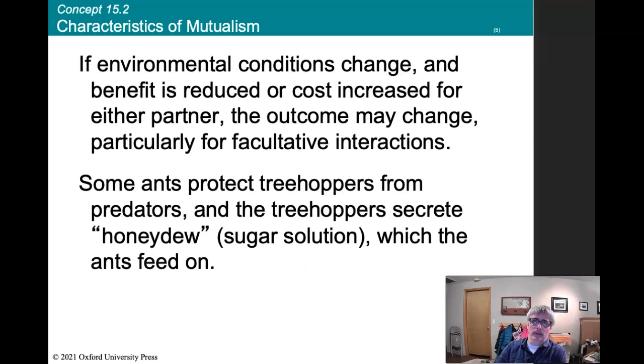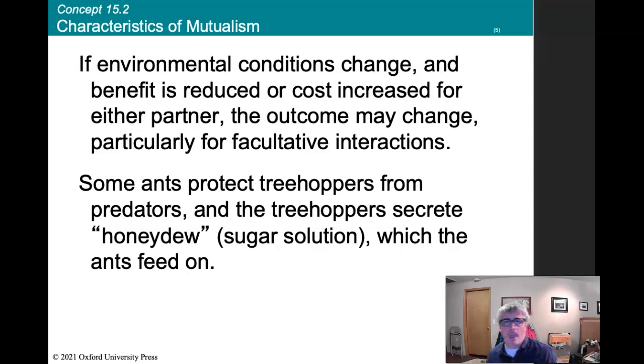Meaning that, again, there's no free lunch; to engage in these partnerships costs resources. Presumably the benefit of that partnership outweighs the cost of those resources. And it can be dynamic depending on the current suite of environmental conditions.